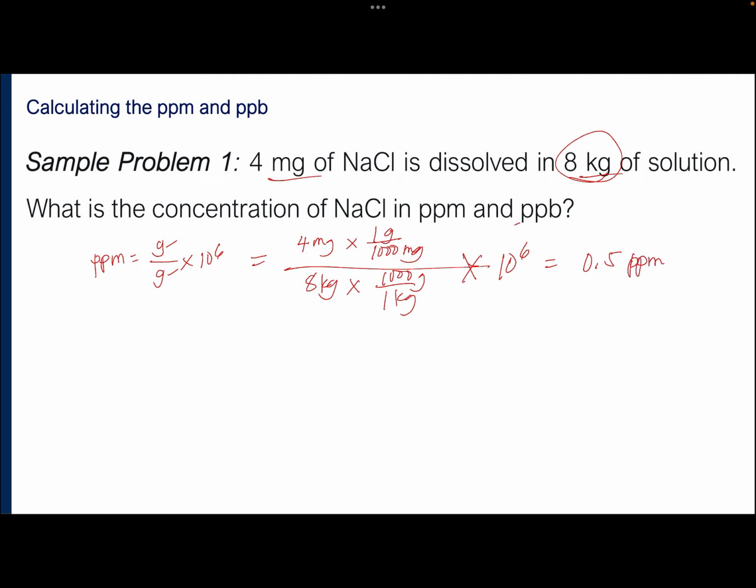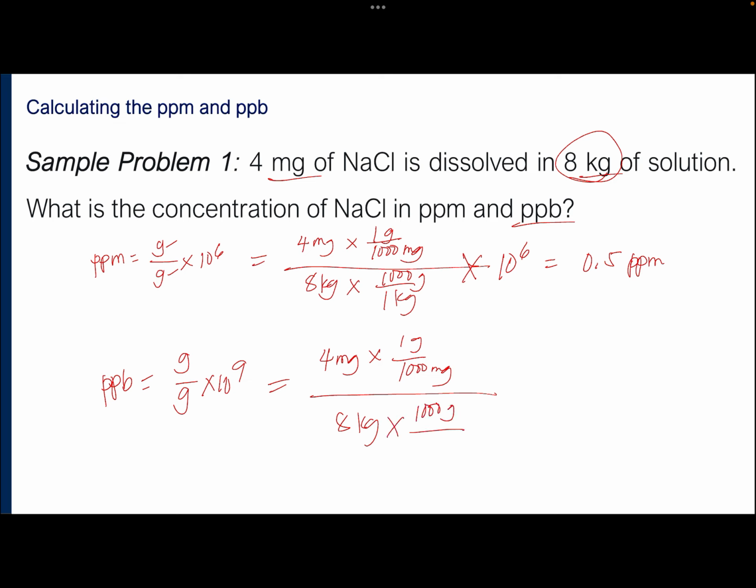And then to calculate the ppb, it is similar: ppb is equal to gram divided by gram times 10 to the 9. So we have 4 mg times 1 gram over 1,000 milligrams divided by 8 kilograms. Always remember that when the values are in milligrams or kilograms, convert them to grams first before putting them into the equation.